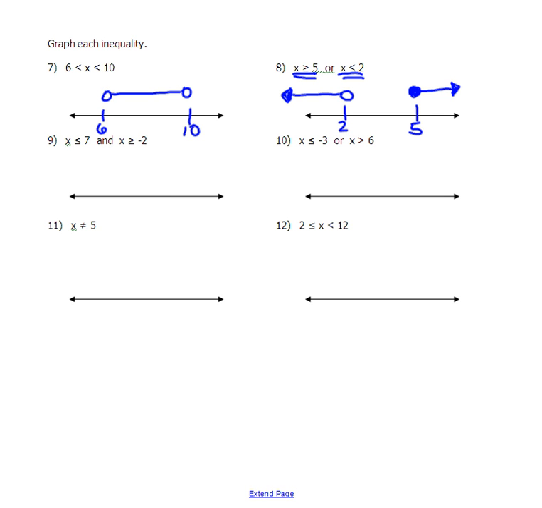Number 9. So you should try 9, 10, 11, and 12 on your own. Come back, check it out, see how you did. Okay? See you in a few minutes. So I have a -2 here, a 7 here, solid, solid, connect the dots. Number 10 is an OR, so I'm going to be less than or equal to -3 and greater than 6.